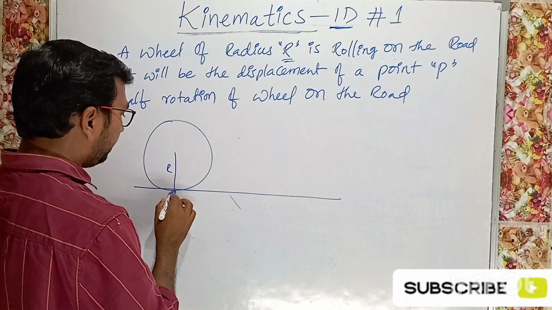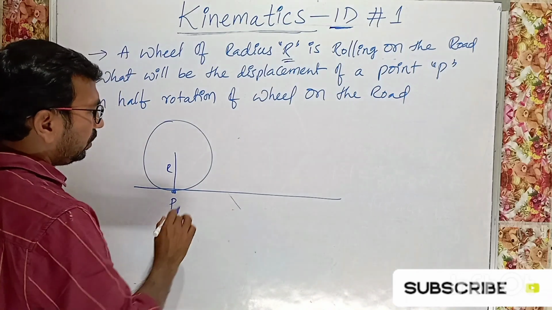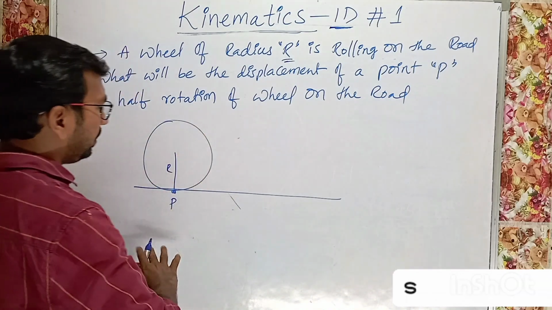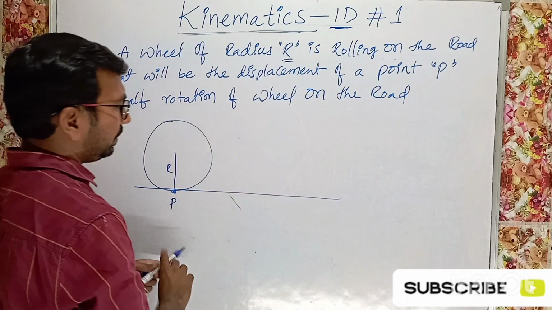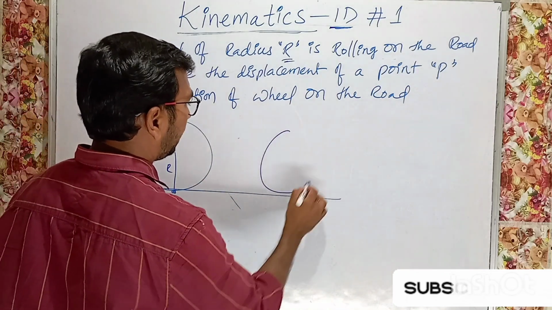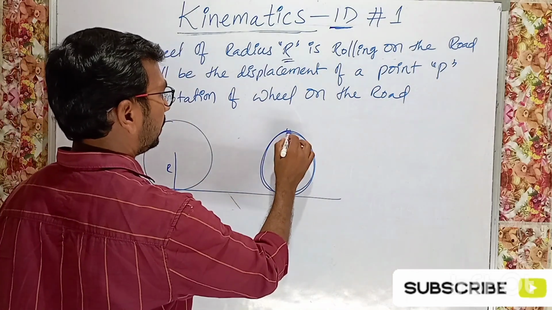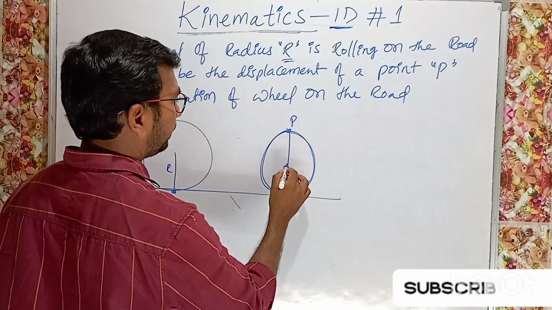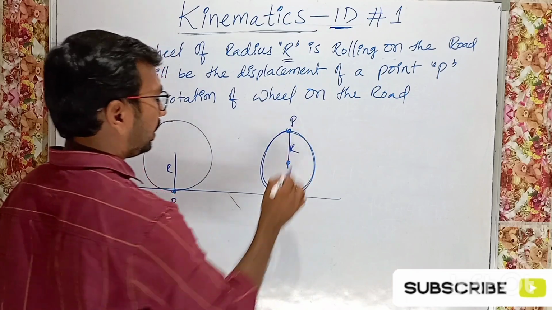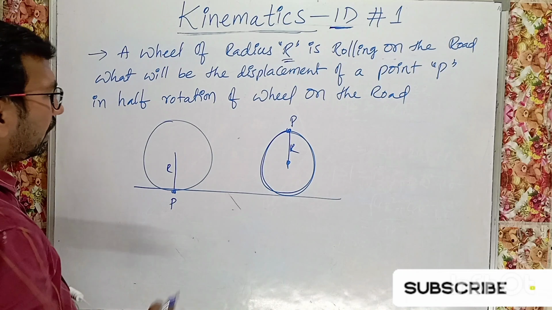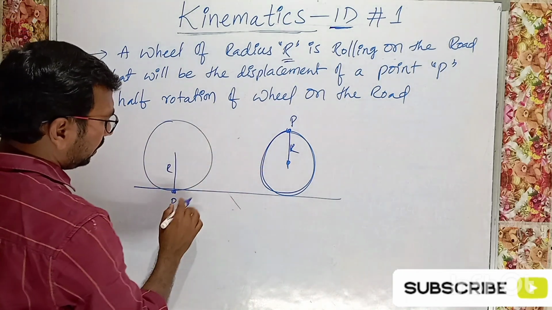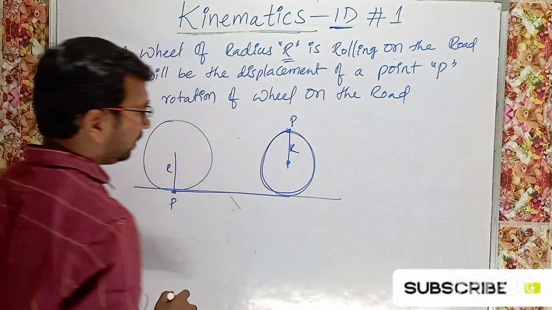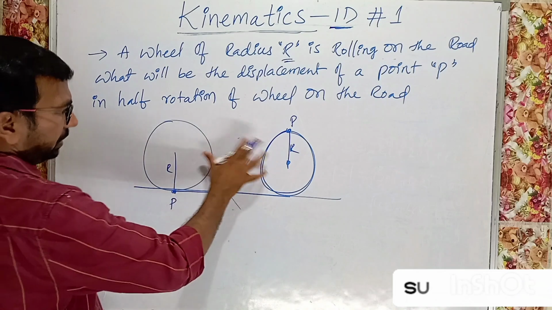This is a point P. Exactly one rotation means this point will come up. So this is point P, the radius is r. Exactly one rotation means this distance is what? It covers the distance of the circumference.